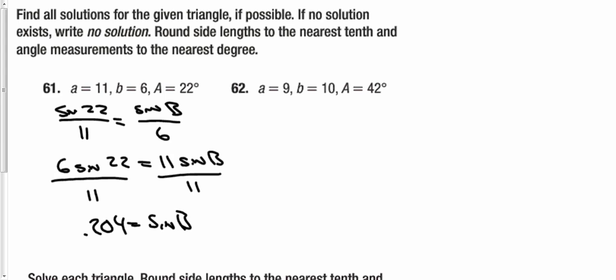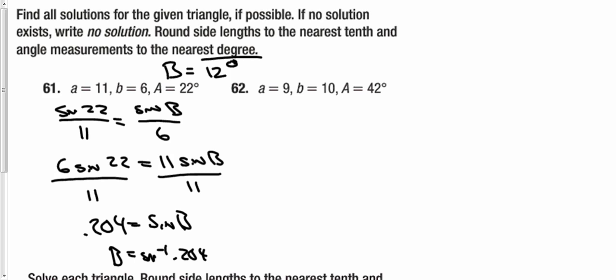Okay. To solve for B now, we take the inverse. So because 0.204 is equal to sine B, that means B is equal to the inverse sine of 0.204. Okay. So plugging that into your calculator gives you 11.7. Okay. Or we'll nice round up to the nearest degree, so we'll round up to 12. Okay?